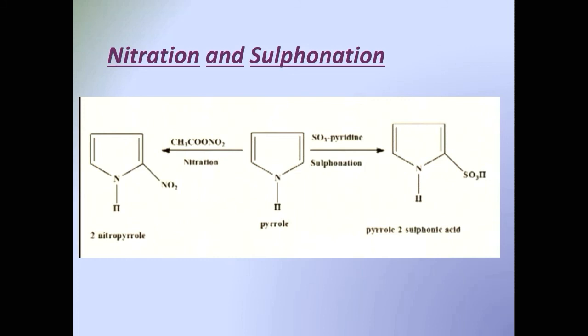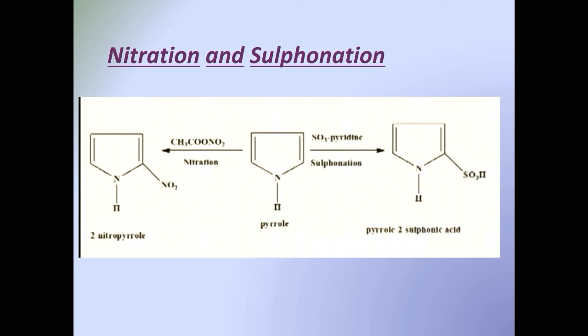First, on the left side there is the nitration and on the right side there is the sulfonation. In the nitration, the pyrrole is treated with a cold solution of nitric acid, that is HNO3, in acetic anhydride at about 0 to 5 degrees Celsius or 283 Kelvin to form 2-nitropyrrole.